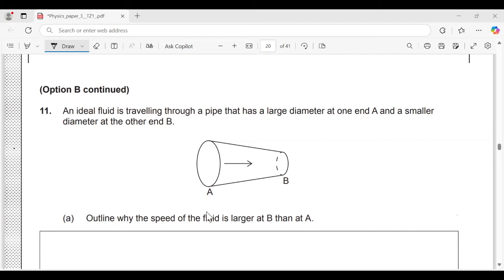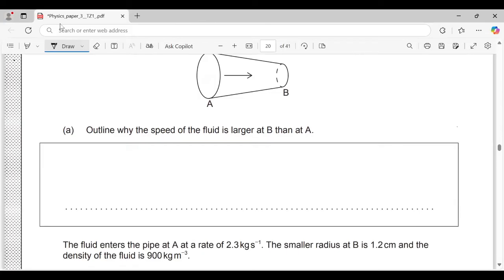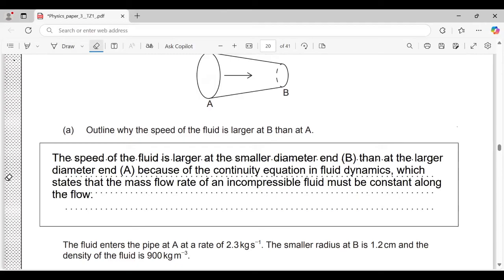Outline why the speed of the fluid is larger at B than at A. B has a smaller diameter than A. I have provided my explanation, which you may copy or add something to. My explanation next.